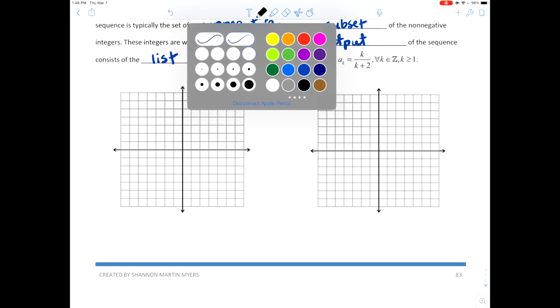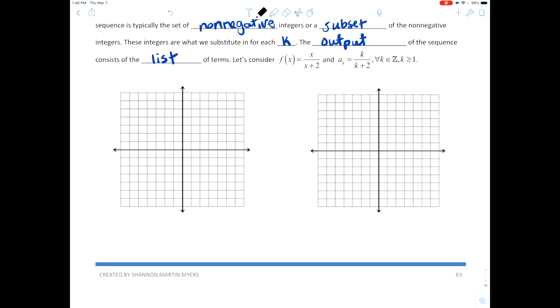If we number our axes, let's do our y values lower, skipping one in between, so this right here would be 3, then negative 3.